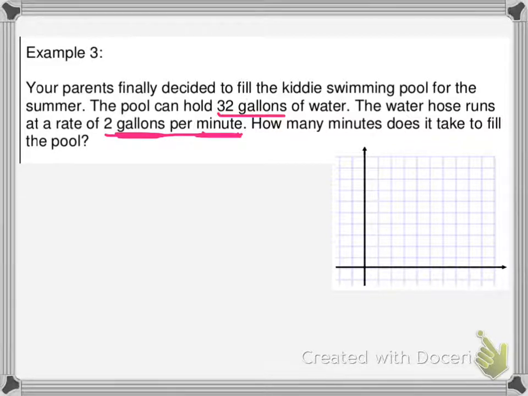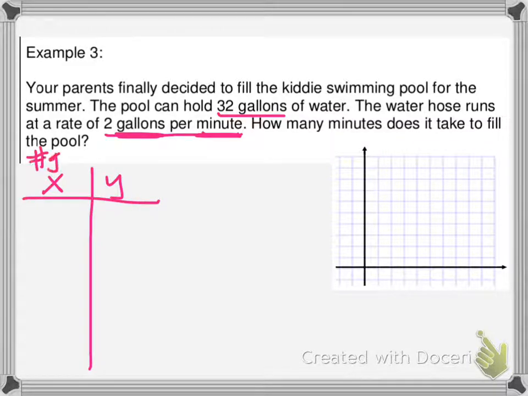To me, it makes most sense that the amount of water I put in and the rate that it's flowing is going to determine how long it takes to fill up the pool. So I'm thinking that the input value, my x value, should be the number of gallons, and my y value should be the number of minutes it takes.